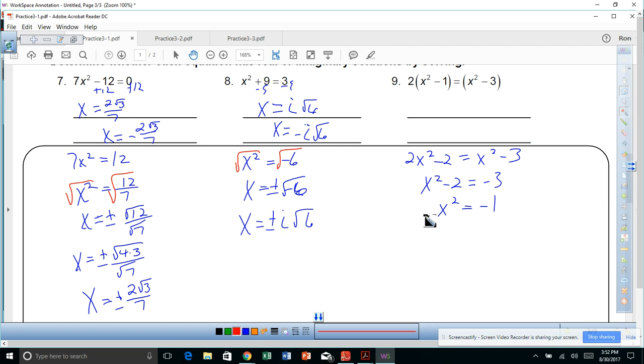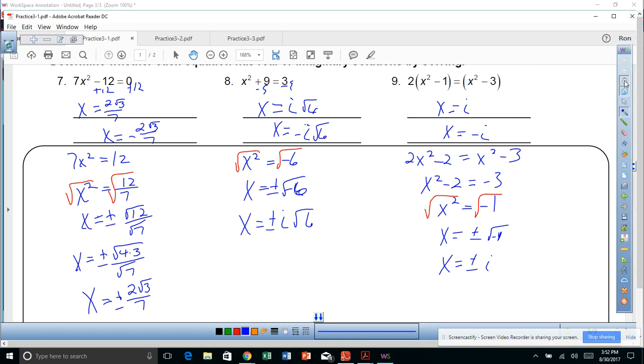Now that it's isolated, I can take the square root of both sides, and I get x equals plus or minus the square root of negative 1. Well, the square root of negative 1 is i, so x equals plus or minus i. So x equals i, x equals negative i. Excellent.